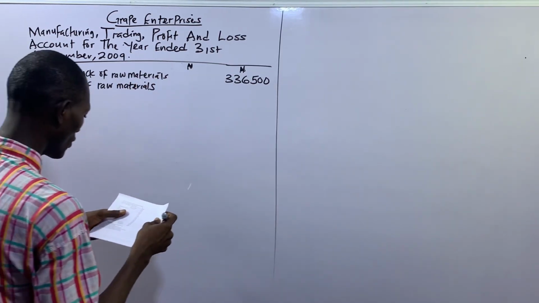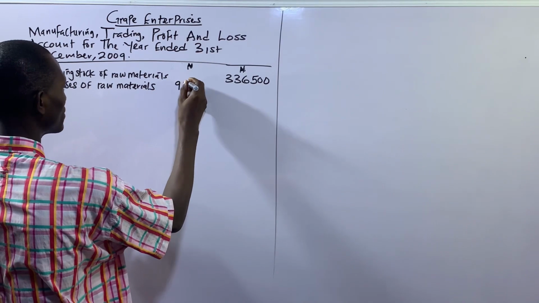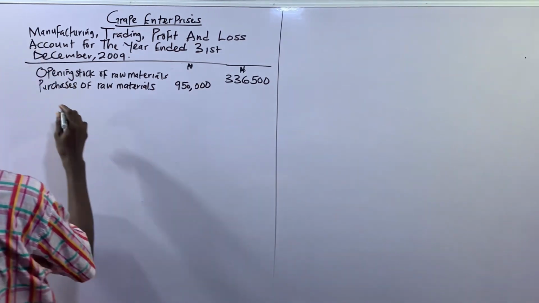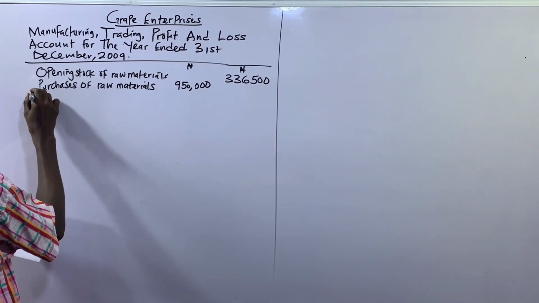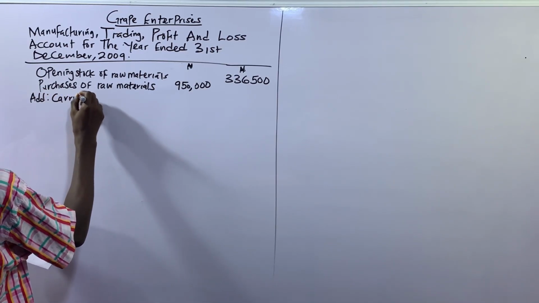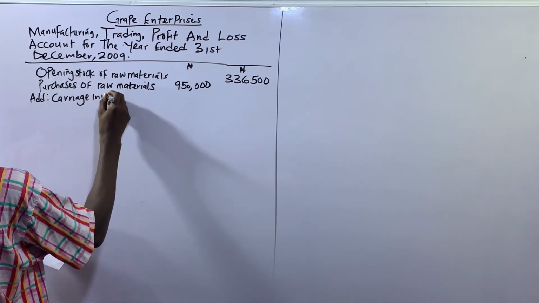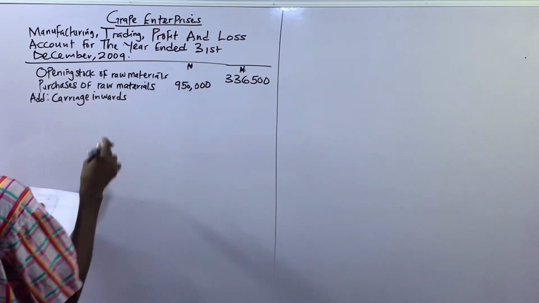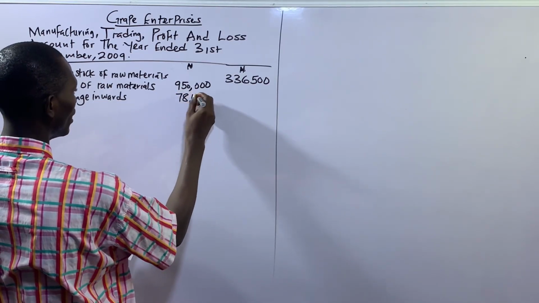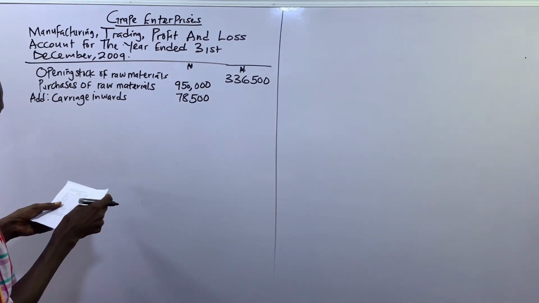Purchases of raw material was given as 950,000. Then we add to that carriage inwards. It's given in the question, carriage inwards, that's given as 78,500. Then we look for returns outward if it is given in the question.